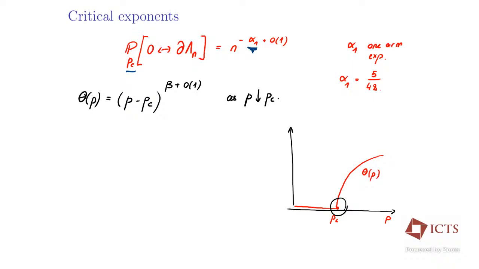Again, this beta is expected to be universal, meaning it's going to be the same if you look at Bernoulli percolation on the square lattice, on the triangular lattice, by sites or by edges. On any kind of biperiodic planar graph, you expect it to be the same. It will depend on the dimension, though, and on the fact that we're looking at Bernoulli percolation, or what's called the universality class of Bernoulli percolation.